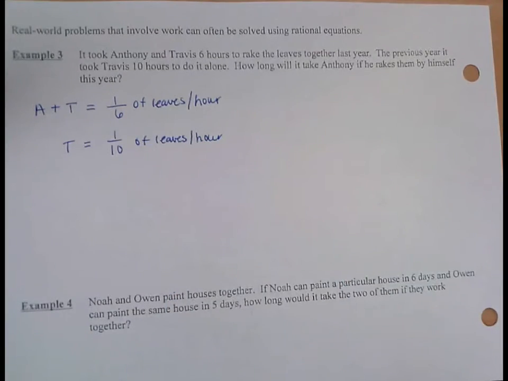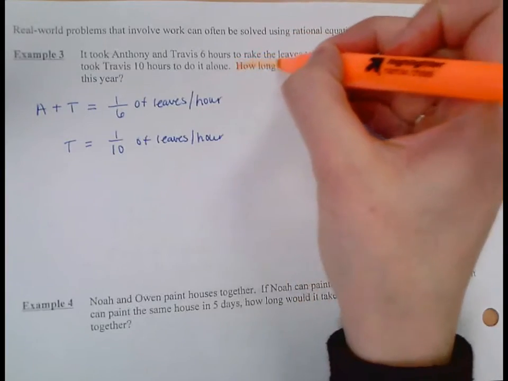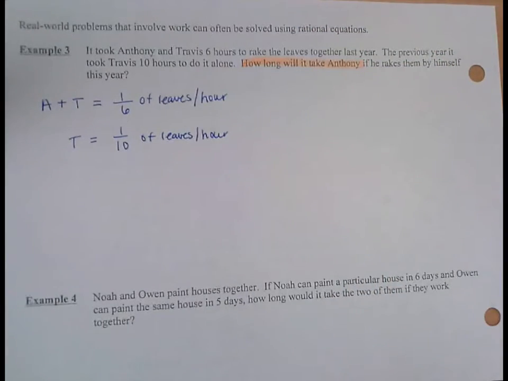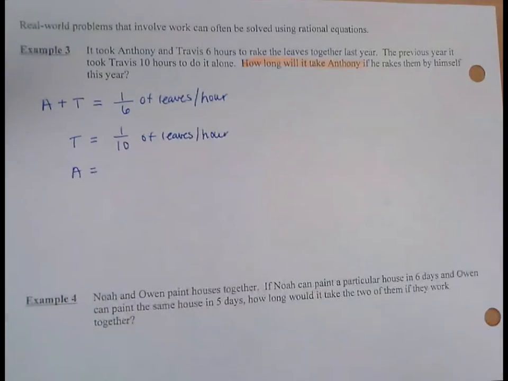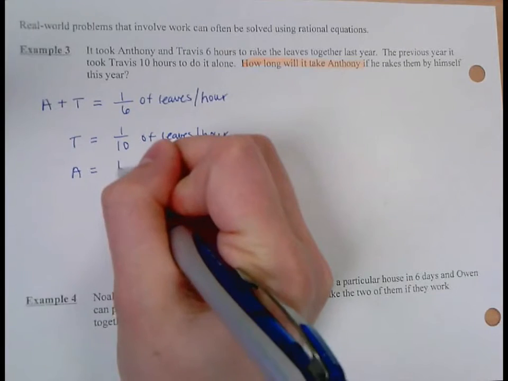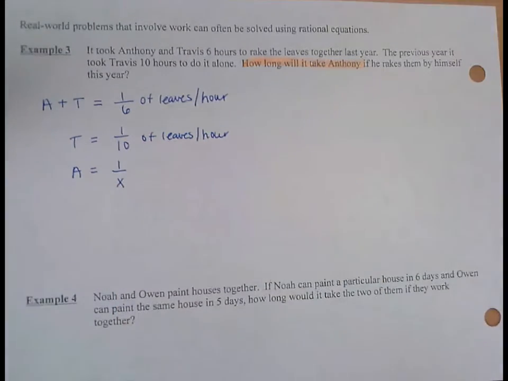And then the question is, how long will it take Anthony if he rakes them by himself this year? So Anthony's rate, we don't know how long it takes him, so I'm going to say his rate is 1 over x. We don't know the amount of time it actually takes Anthony to rake the leaves by himself.